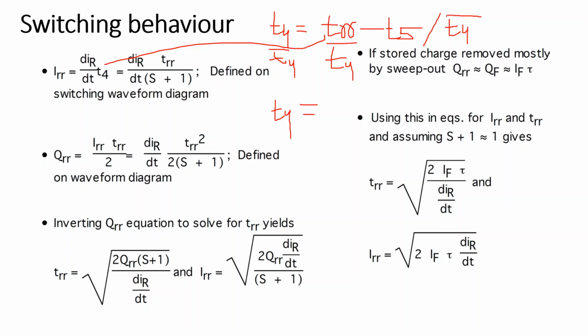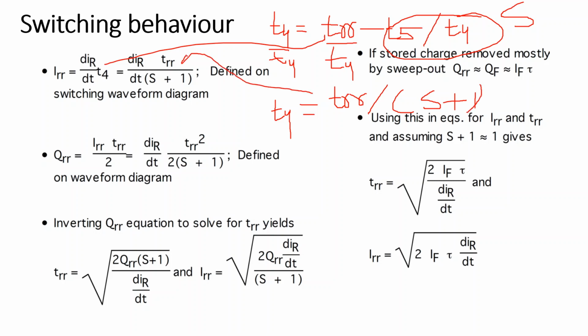This is your snapping factor S. So T4 equals TRR divided by S plus 1. We have just rearranged this and written it here.